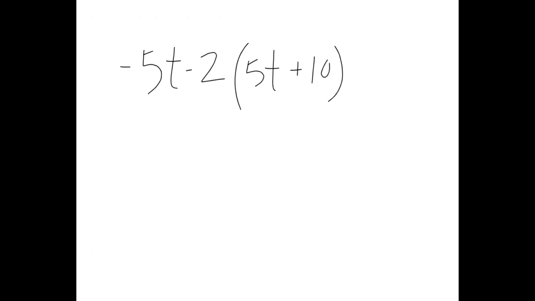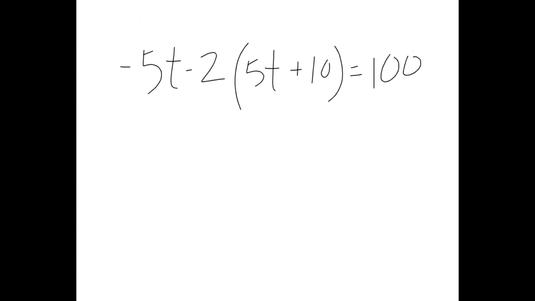All right. So negative 5t, take away 2, 5t plus 10 equals 100. Okay, for this one, for the distributive property, we've got a negative there. Do we remember what we're going to do with that?